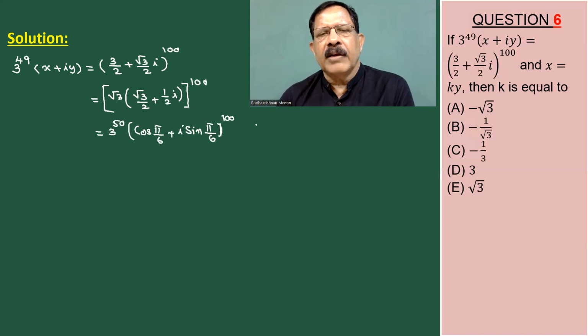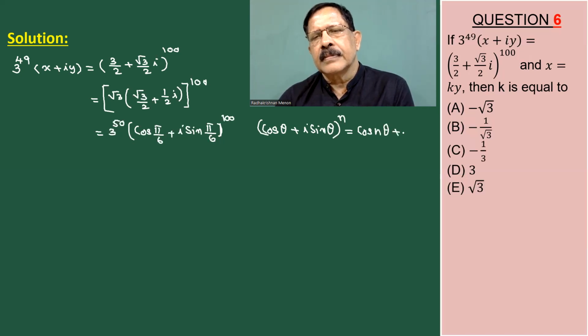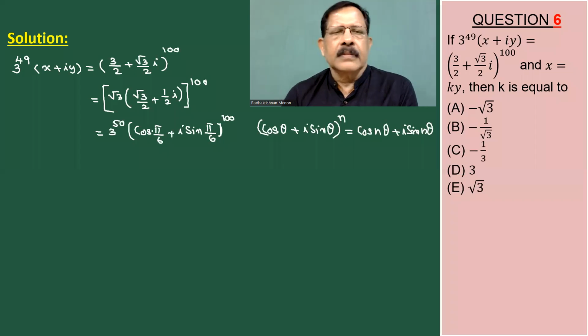Here, again, de Moivre's theorem. In the previous question, cos theta plus i sin theta, the whole raised to n, what is it? Cos n theta plus i sin n theta, is it not? So here 3 raised to 49 is there on the LHS, and here 3 raised to 50.